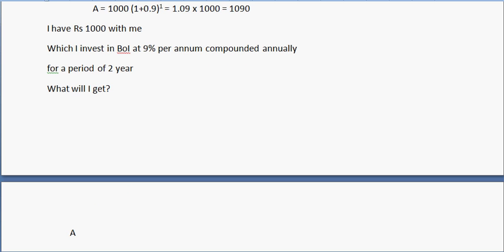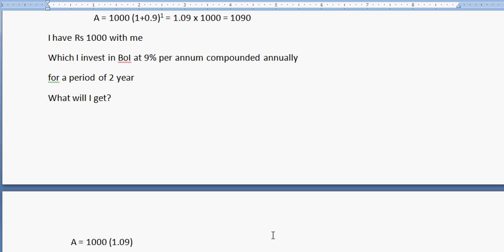Now let's apply the formula, which says amount is equal to 1000 into 1.09 raised to power 2, which is equal to 1.09 multiplied by 1.09 multiplied by 1000, which is something like 1181 point something.